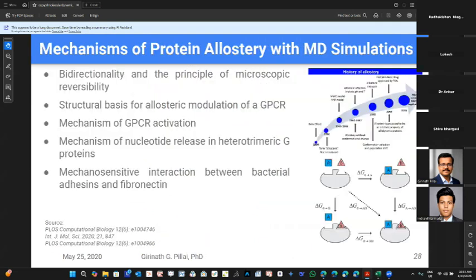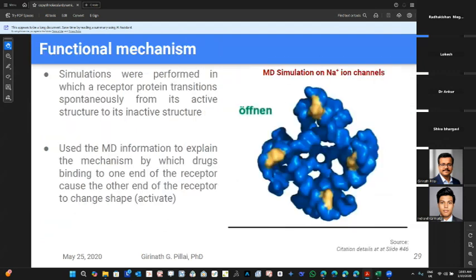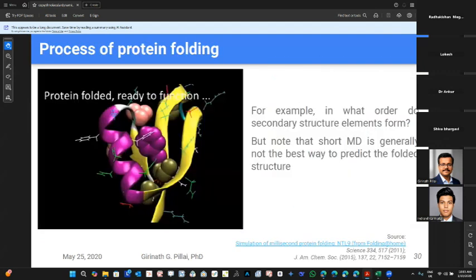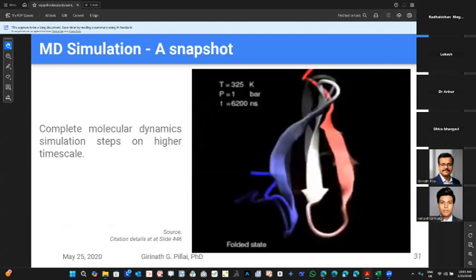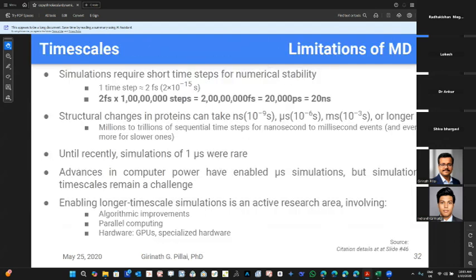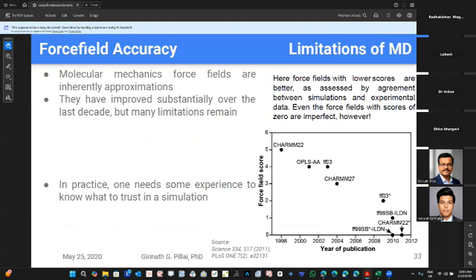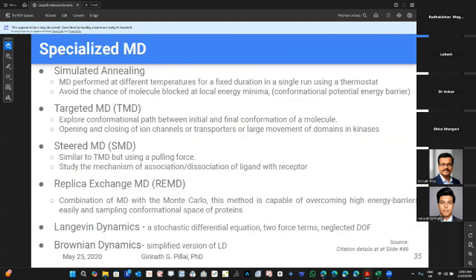You also can look at the mechanisms of protein allostery with MD simulations, because you are trying to identify the allosteric modulation of GPCRs or bidirectionality and different things, which also looks at heterotrimeric G proteins. Also, we want to identify new pockets and the functional mechanisms for ion channels, the process of protein folding, and snapshots and timescales. I think these are all I discussed during the last class.